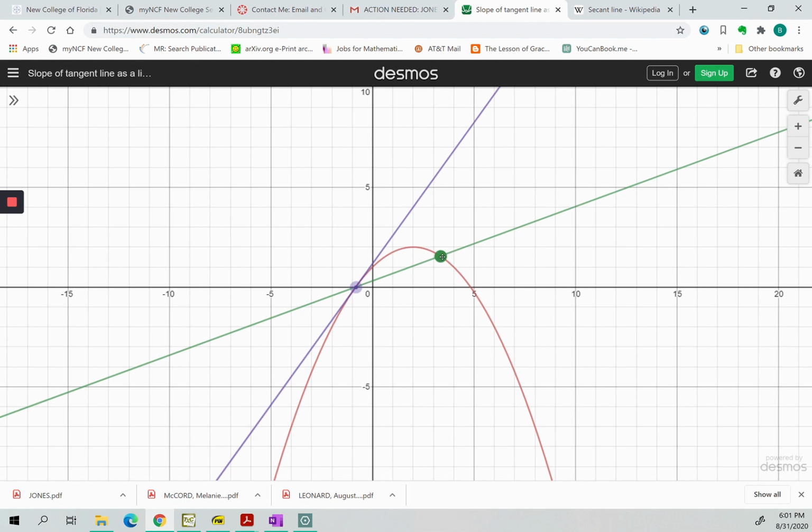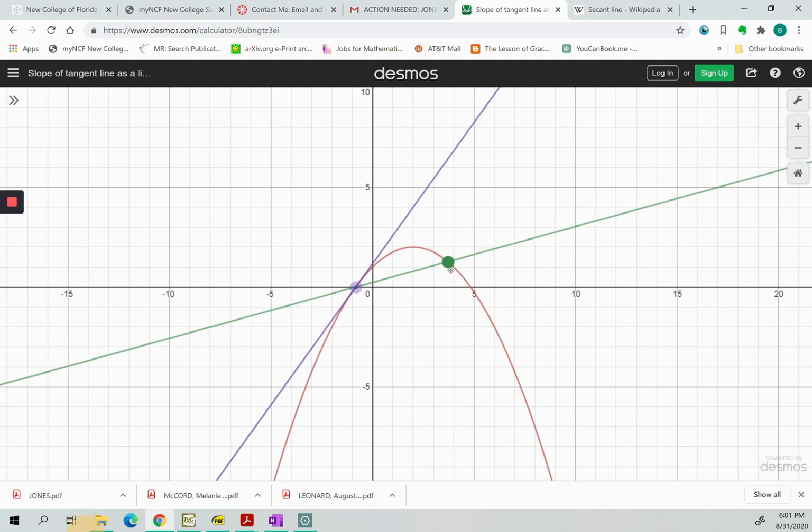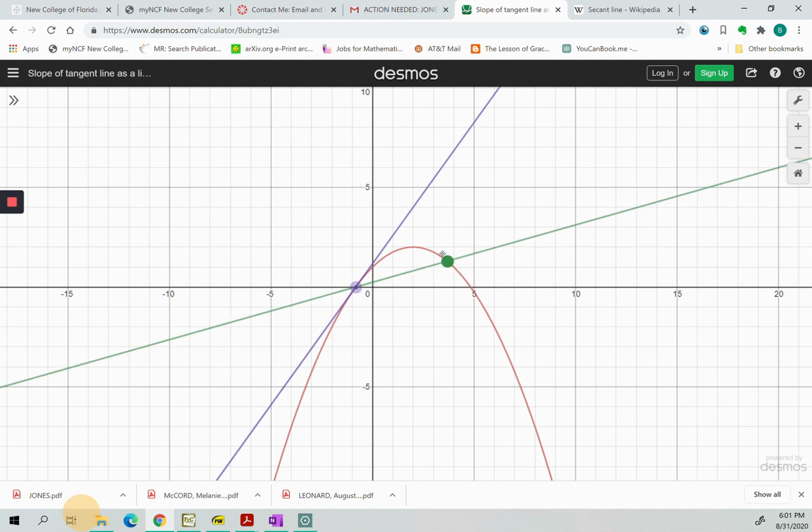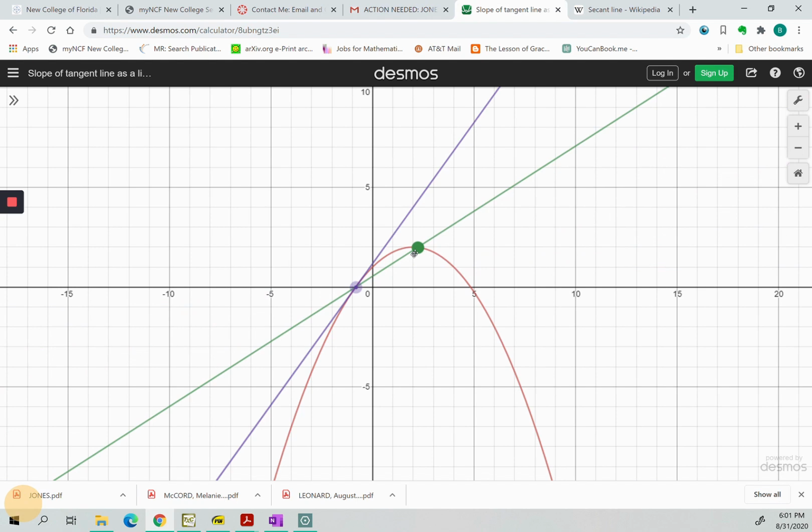What I wanted you to notice here is that we can move the secant line around, and if we take it closer and closer to that point where we have the tangent line, this green line gets closer to this purple line. The slopes are converging to the same thing, and if we get really close, they're basically on top of each other.